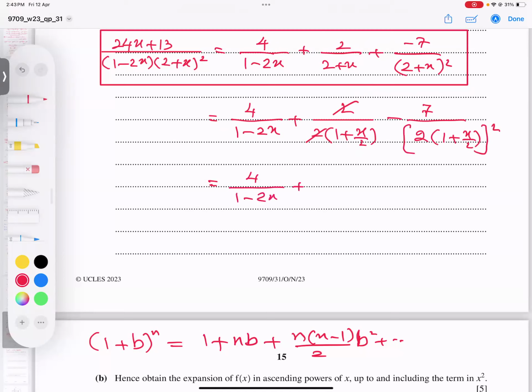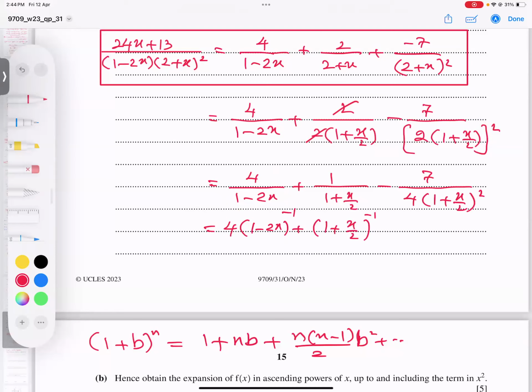So 1 minus 2x and plus 1 over 1 plus x by 2. And the square of 2 gives you 4. Look, student, I'm writing 4 and (1 plus x over 2) to power 2. Now I bring it up. So 4, (1 minus 2x) to power whole will go up and become -1. And here, same story, student, (x by 2) to power -1.